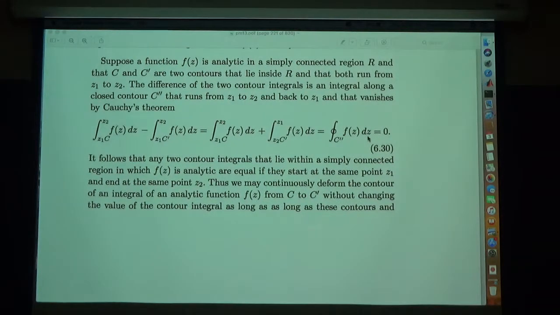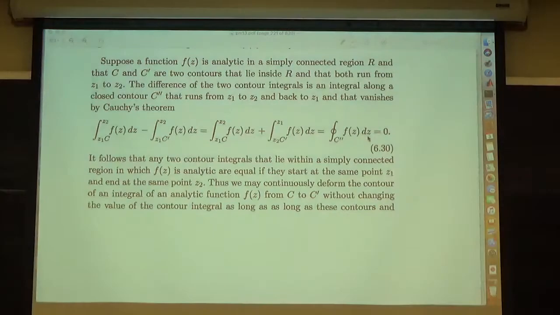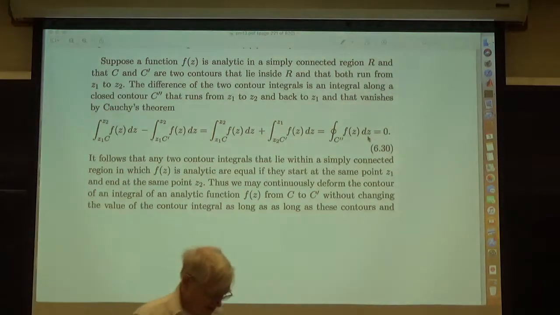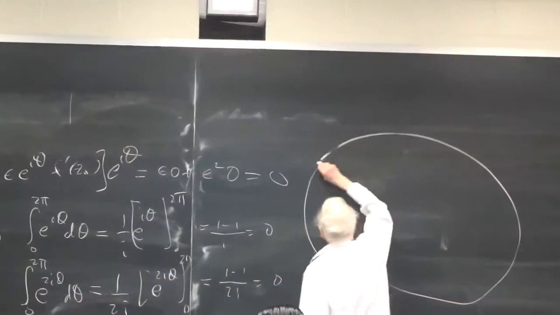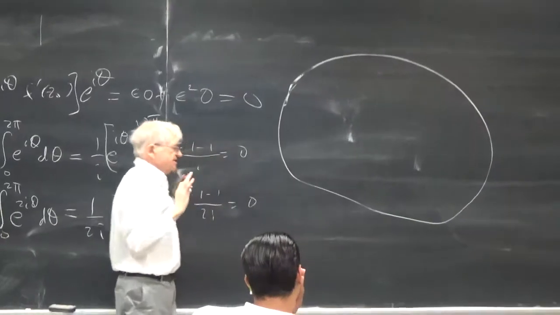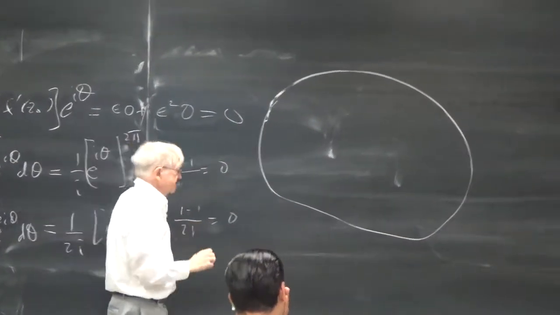So let me go back to a board now to illustrate something else that actually requires some visualization that I can do by writing on the board. We again have a region that's simply connected in which f of z is analytic.